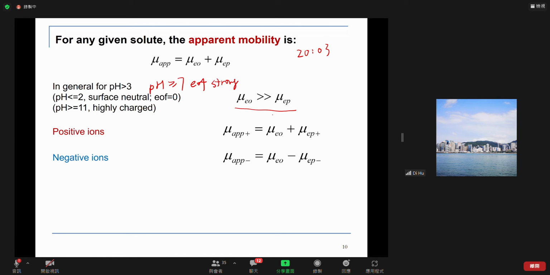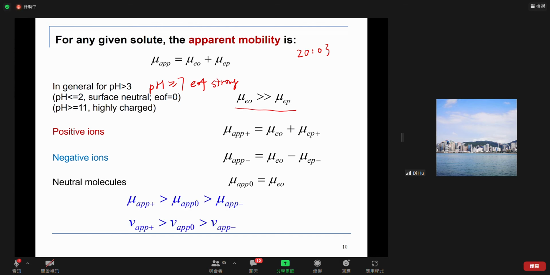Neutral compounds are not charged, so they do not have any electrophoretic mobility; they only have EOF. If we sum it up, the apparent mobility of positive ions is larger than neutral compounds, which is larger than negative ions.